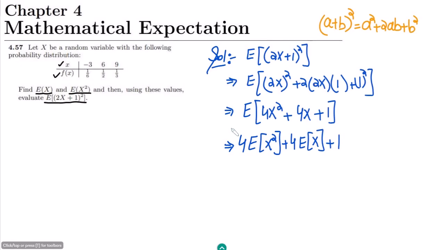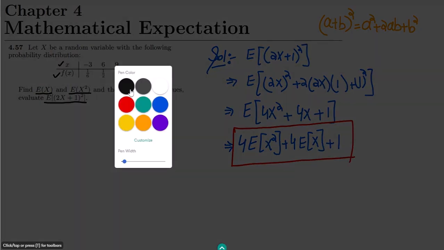Okay, this is the formula we have to use here, and let me first underline it and keep it here as well. So now, what do we have to do? We have to find the value of E of x square and then E of x. These are basically the two values we have to find here.